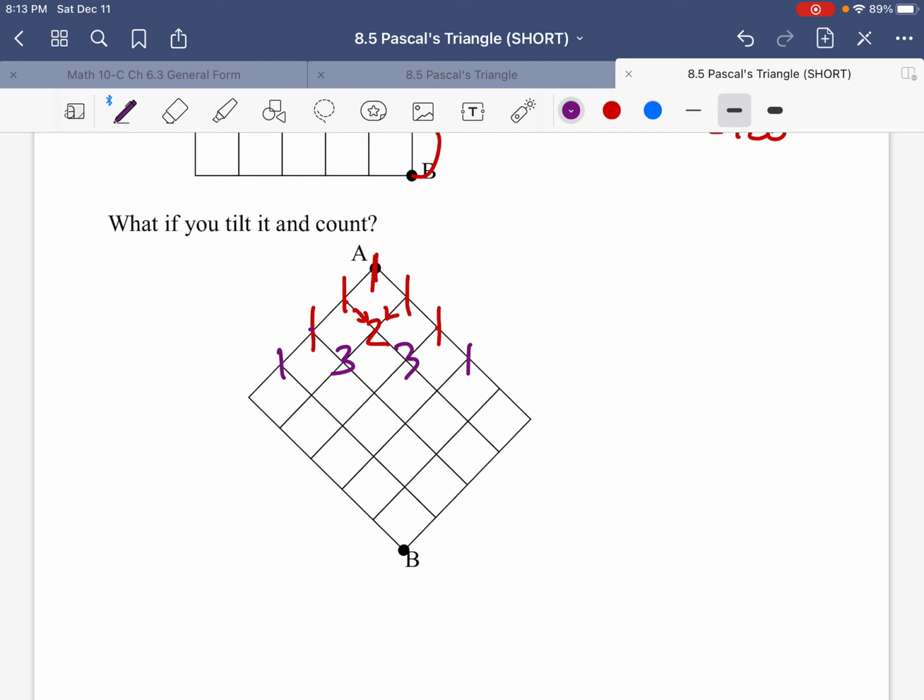So keep on going. So the next row should be one way to get here. 3, 2, and 1 is 3, 1.